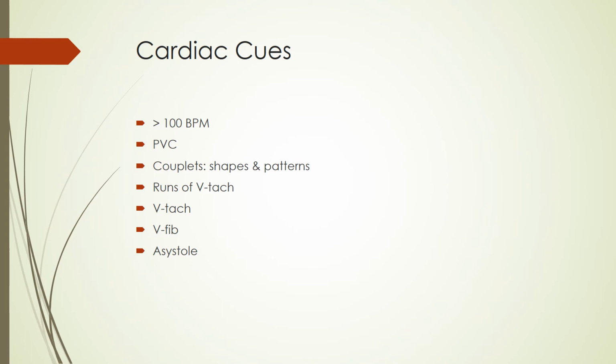And you might have to put them on telemetry to figure out what rhythm they're in and what problems that rhythm is going to cause. Once you get to a pulseless VTach, a pulseless VFib, or especially asystole, it's extremely hard to bring them out of that rhythm. So we need to recognize problems before it happens.